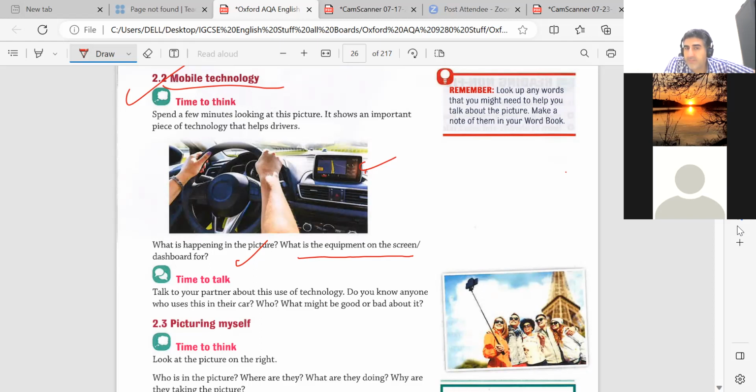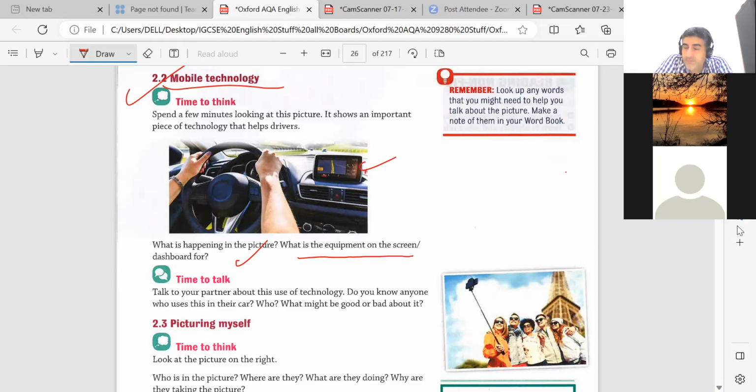What is playing now on the screen is GPS, which stands for global positioning system. It uses a process called trilateration, which involves satellites making circles on the map to find the perfect location for you and the fastest route.